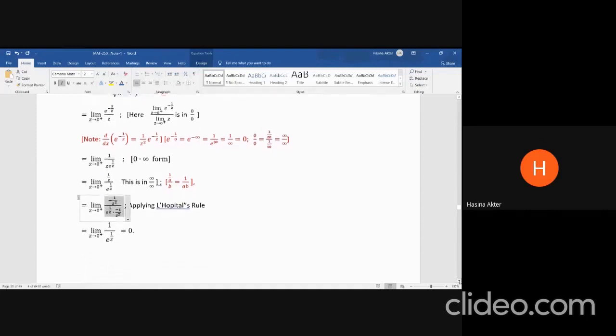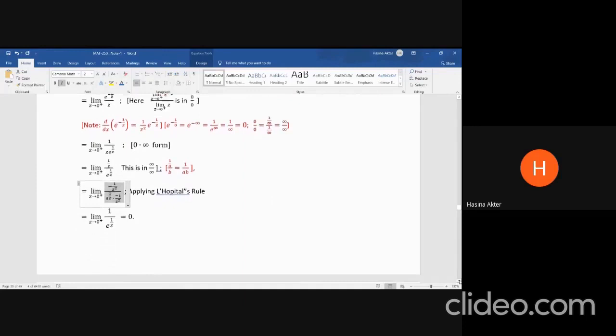Since z is not equal to 0, 1 over z squared is defined. So you can reduce minus 1 over z squared divided by minus 1 over z squared, which is 1. Now, if z is 0, 1 over z is infinity, e to the power infinity is infinity, then 1 by infinity is 0. Done.